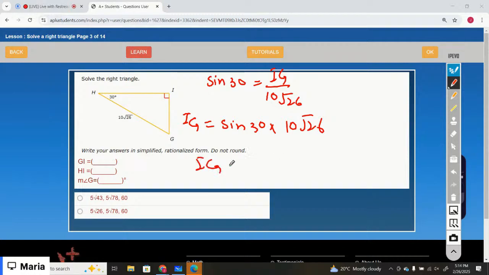So IG equals 5 square root 26. Now you need to find the IH.